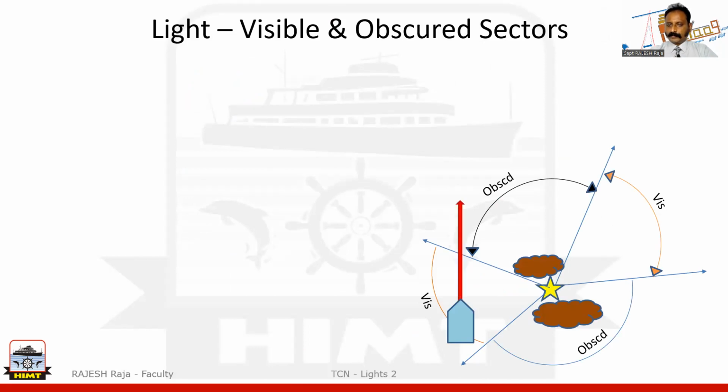So the moment it reaches this point, please remember the light will change from visible to obscured. So that means I can still use this as a PL. So I again have a position fixing tool, and I can continue and use it as a running fix, or I can use it as a simultaneous fix.